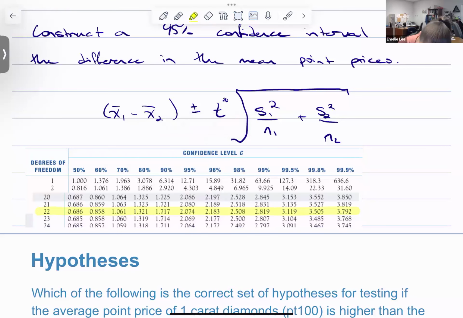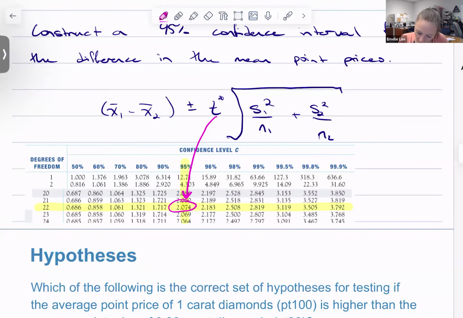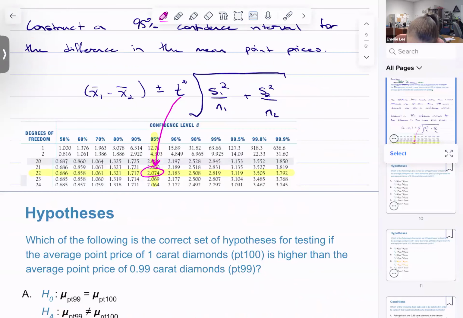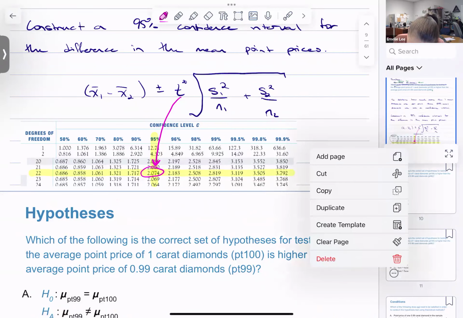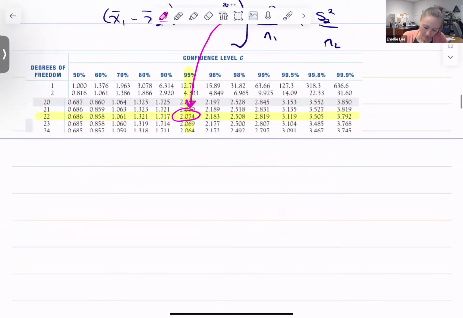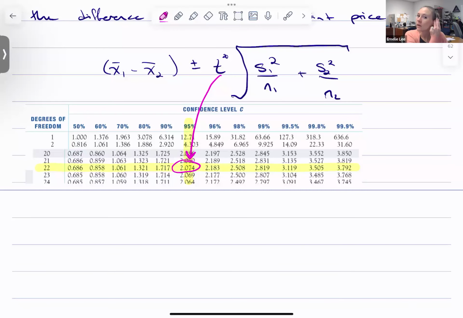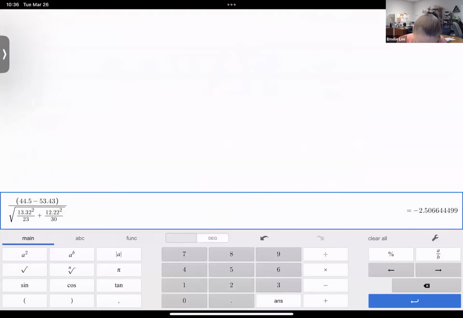So if I want to make a 95% confidence interval at 22 degrees of freedom, then I have a t star of 2.074. Okay. All the other components I already have, right? So I'm just going to use Desmos and switch some things here.